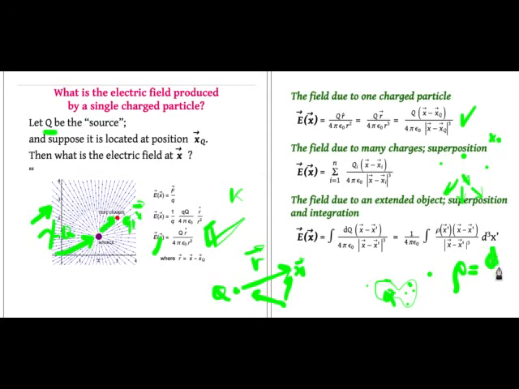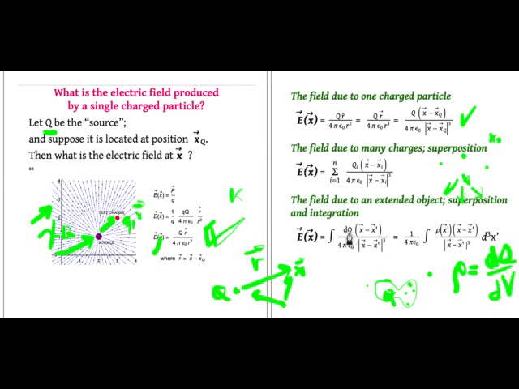It's the amount of charge, dq, per unit volume, so divided by dV. If I have a small volume, dV, containing an amount of charge dq, then rho at the position of that volume is dq divided by dV.